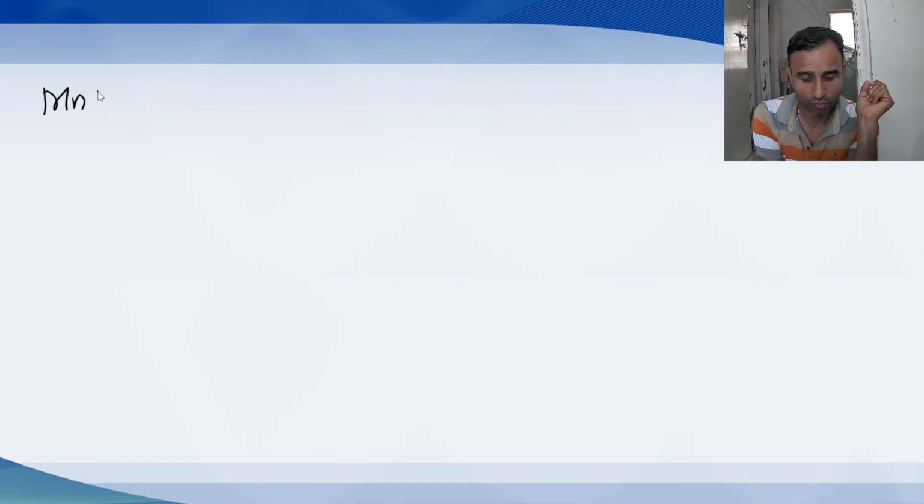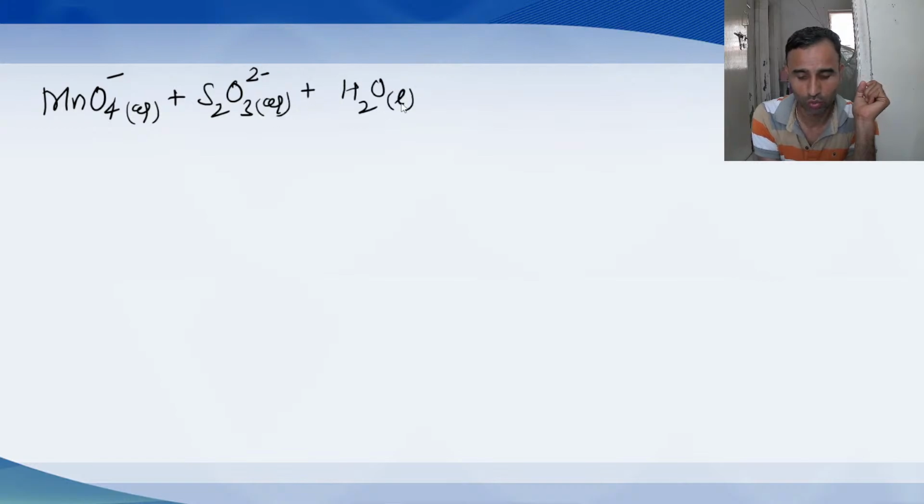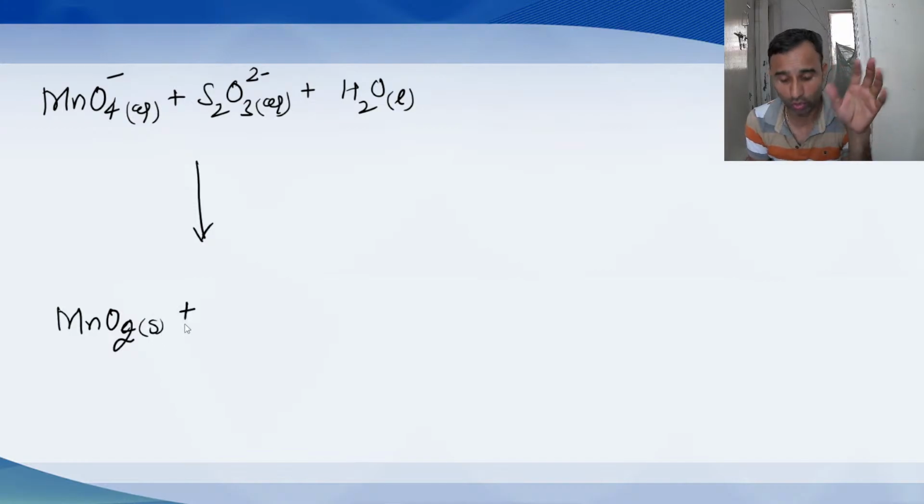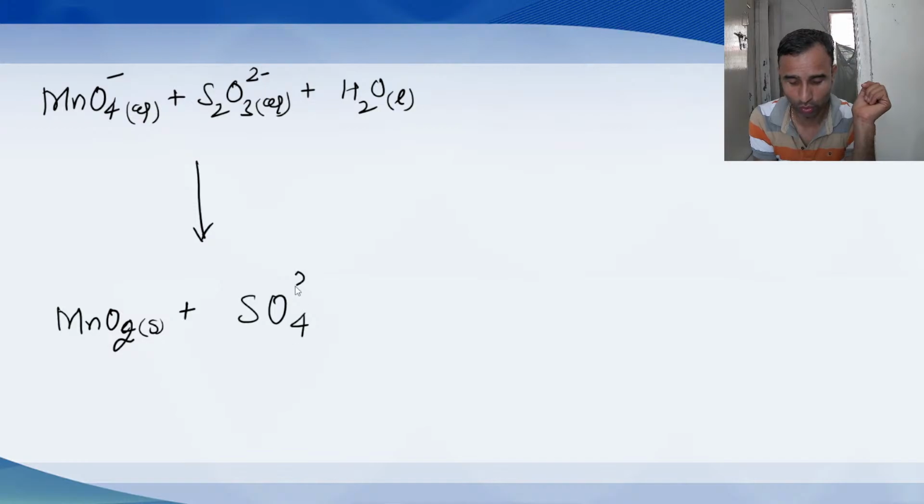It is MnO4- aqueous plus S2O3 2- aqueous plus H2O liquid to give MnO2, because it is in basic medium. So MnO4- will give MnO2, and S2O3 2- will give SO4 2-.